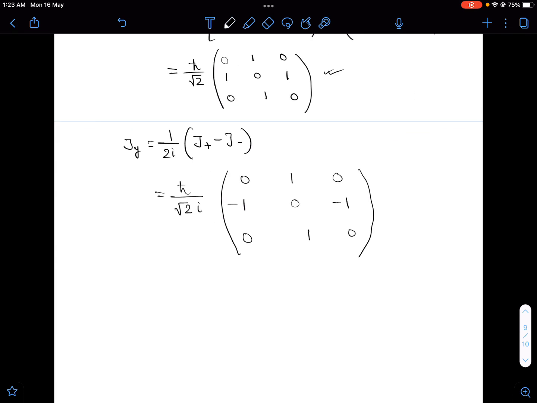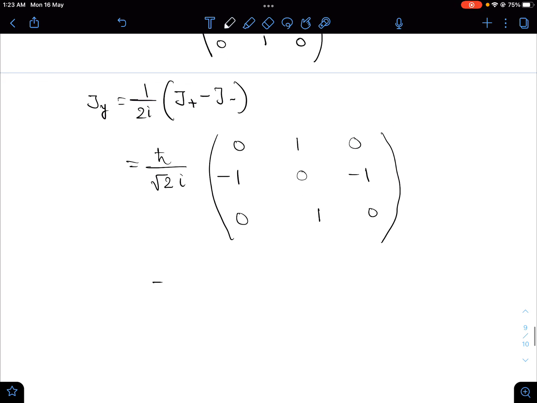So if we write it down, you can write this as i h cut by root 2, 0 minus 1 0 1 0 1 and 0 minus 1 0. So this is our matrix representation of jy.